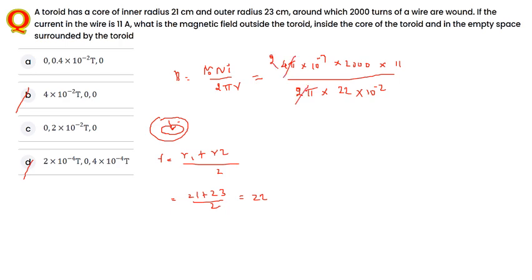And again you cancel this one, 2 here, that is 11 times, and 11 times 11 times will be cancelled. This 10 power minus 2, if it comes here, becomes 10 power plus 2, and already 2000 is 2 into 10 power 3, this one is 10 power 2, and you already have 10 power minus 7. So what you are going to have here is 2 into 10 power 5, and if it is gone, it means 2 into 10 power minus 2 Tesla. So that is the answer in this case.